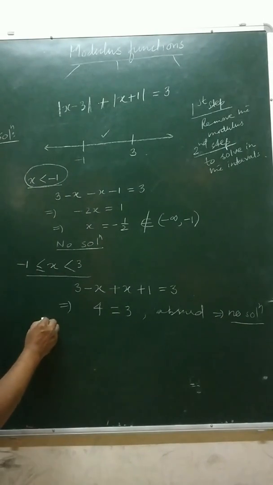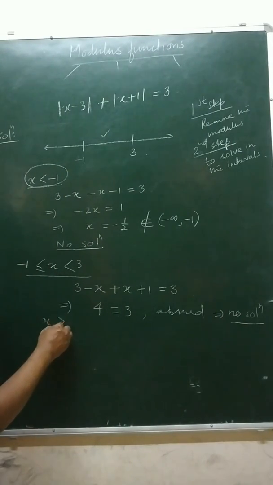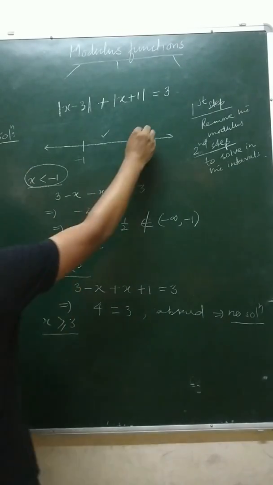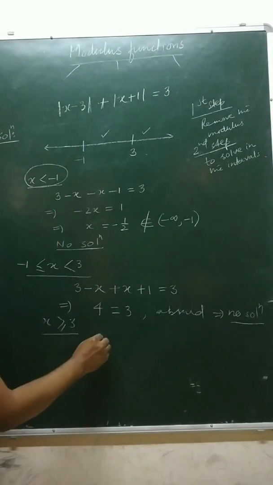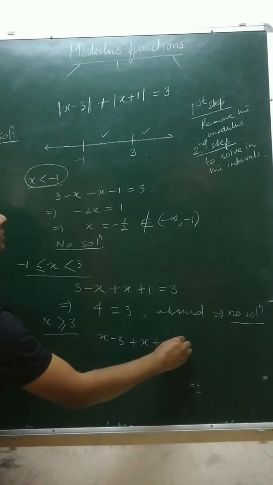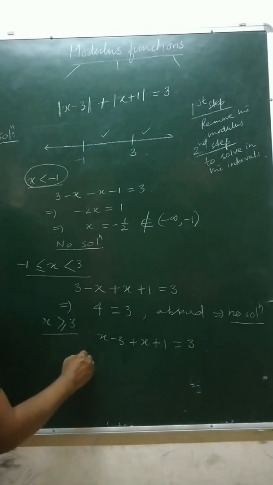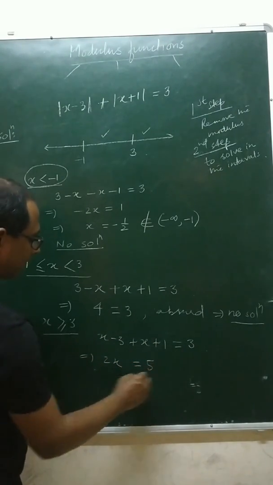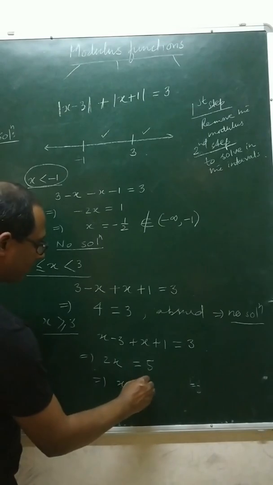The last interval, when x is greater than or equal to 3. Here, this one will open with a positive sign, and that also is going to open with a positive sign. So we are going to get 2x equal to 5, so x equal to 5 by 2.